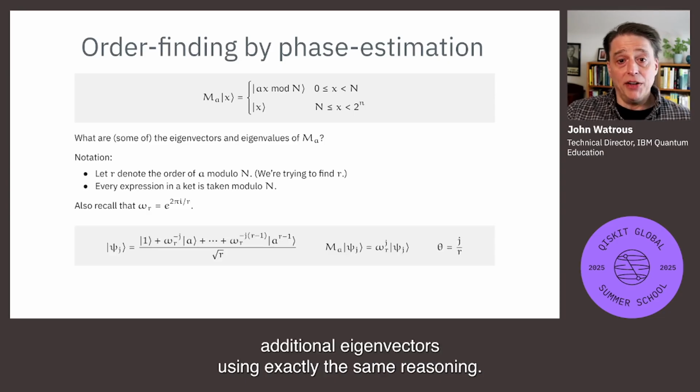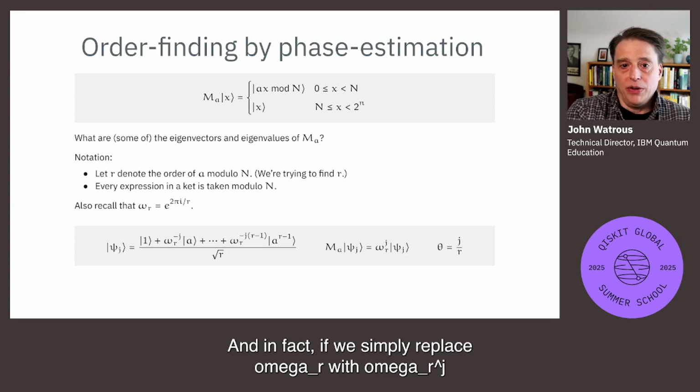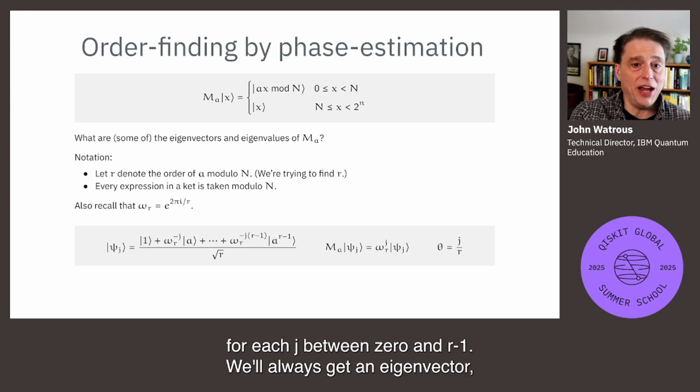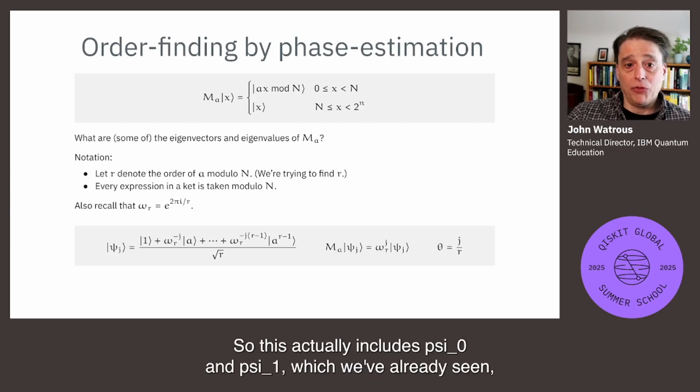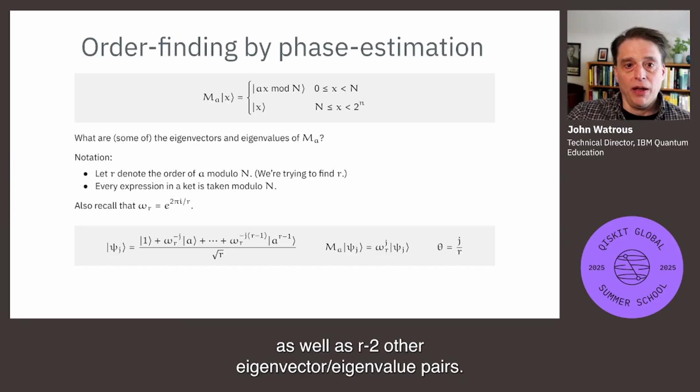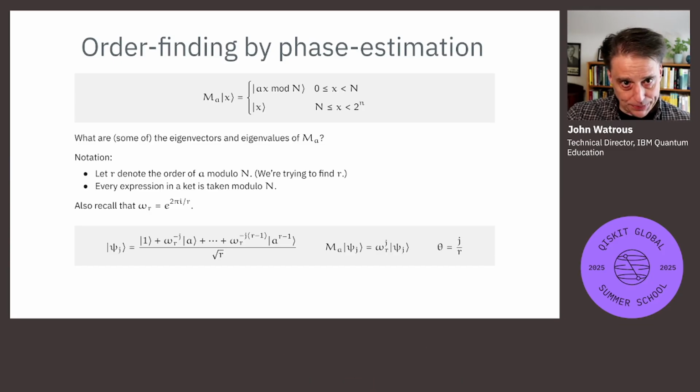And we can identify additional eigenvectors using exactly the same reasoning. And in fact, if we simply replace omega r with omega r to the power j for each j between 0 and r-1, we'll always get an eigenvector, and the associated eigenvalue will be omega r to the power j. So this actually includes psi 0 and psi 1, which we've already seen, as well as r-2 other eigenvector-eigenvalue pairs.